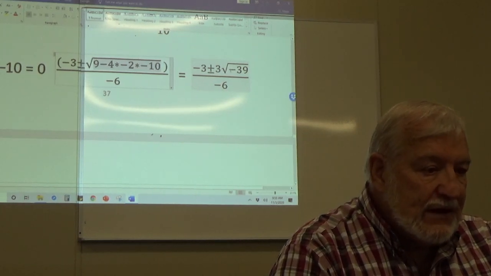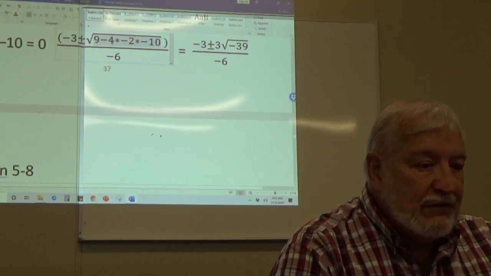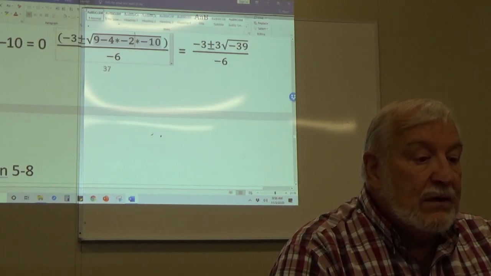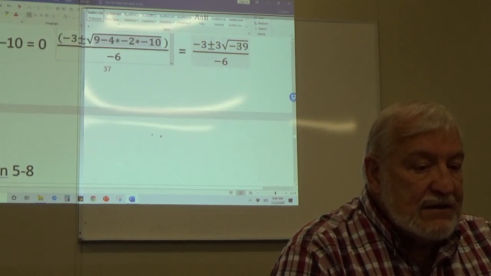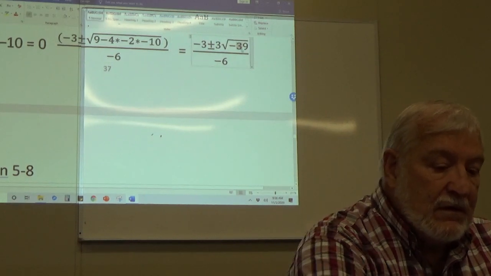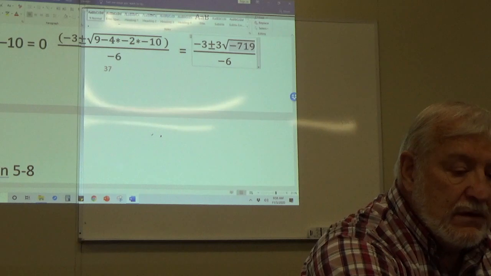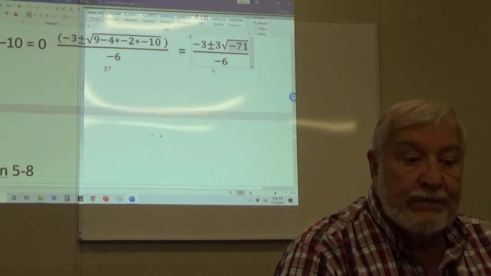Okay, I made a mistake there. All right, so that's even easier. If I'm looking at this, this is 80, right? So 9 minus 80 is negative 71, right? Negative 71.